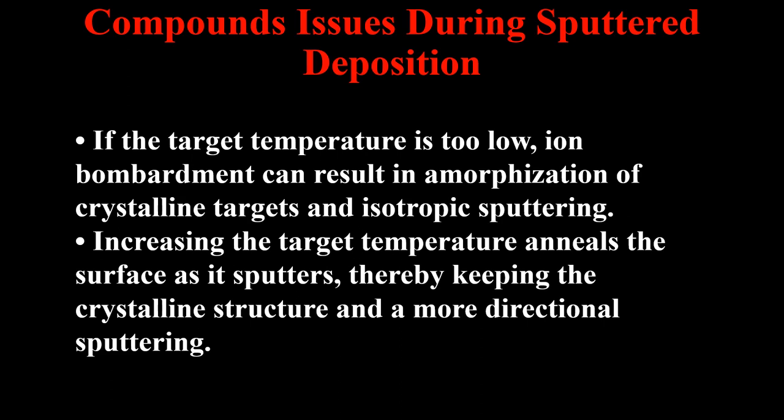So we have to limit the temperature of the sputtering source to a certain range, so that it doesn't get amorphized, doesn't turn into an amorphous, and also doesn't get annealed and turn into a real crystal structure. So in compounds we have to set a temperature range for the source material. It should be between amorphization and crystallization, so it should not be too low, and it should not be too high to turn the structure either into amorphous or into a crystal.